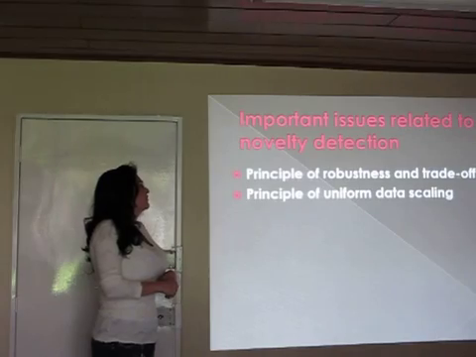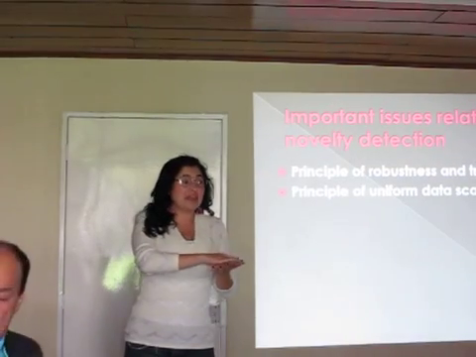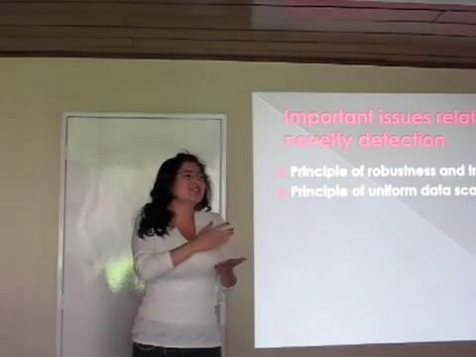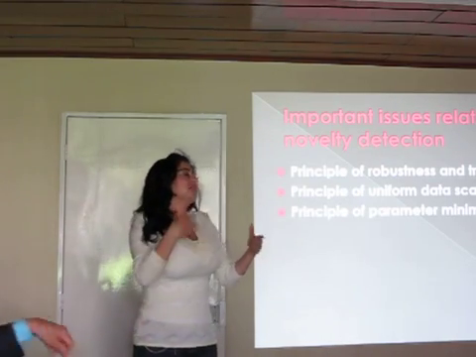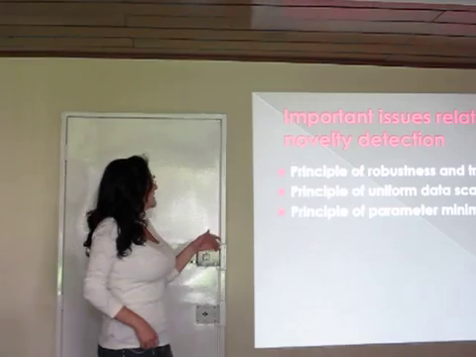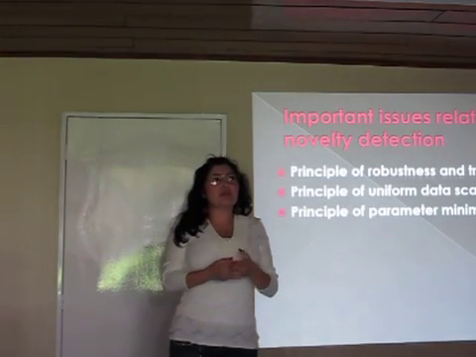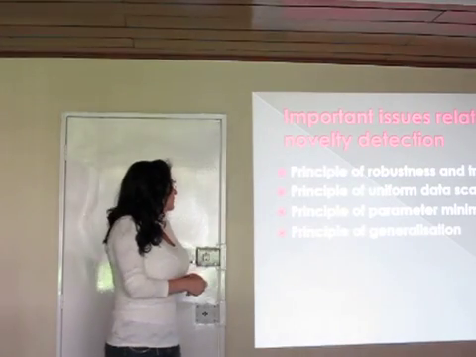The principle of uniform data scanning: the data from training and from testing have to lie in the same range, with proper normalization. Principle of parameter minimization: you have to be able to detect the novelties with the minimum amount of features, as few as possible.